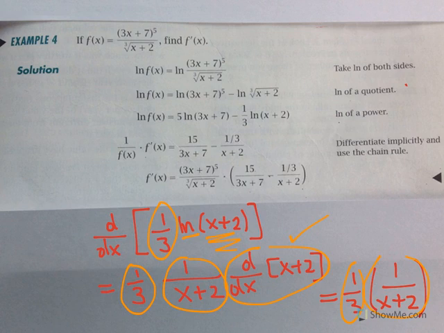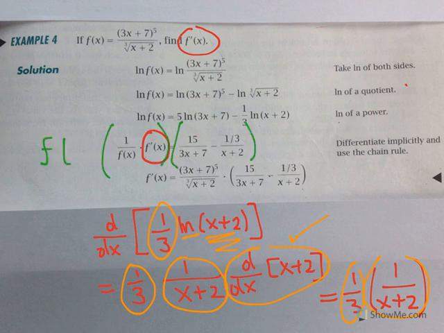So again, what was it that we wanted to find to begin with? F prime of x. Now we can find it because we have f prime of x here. So to find f prime of x, I just have to multiply both sides of our equation by f of x.